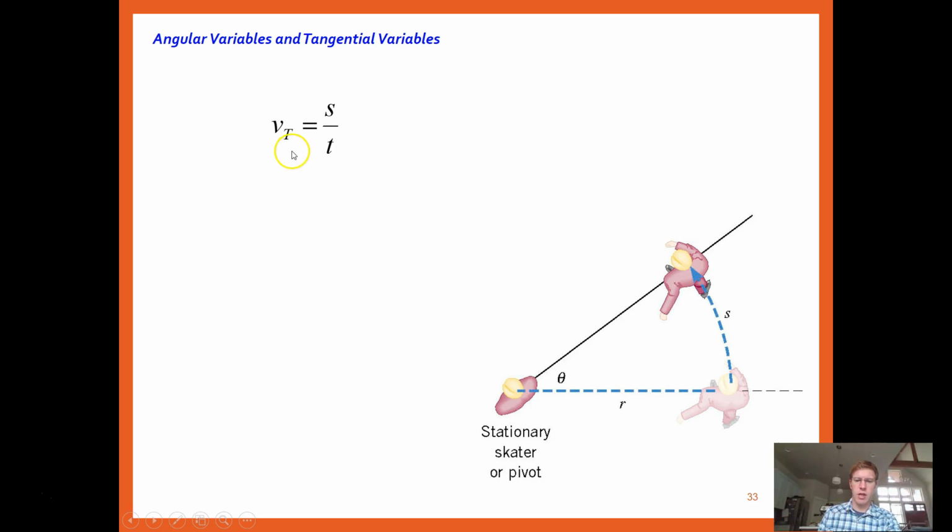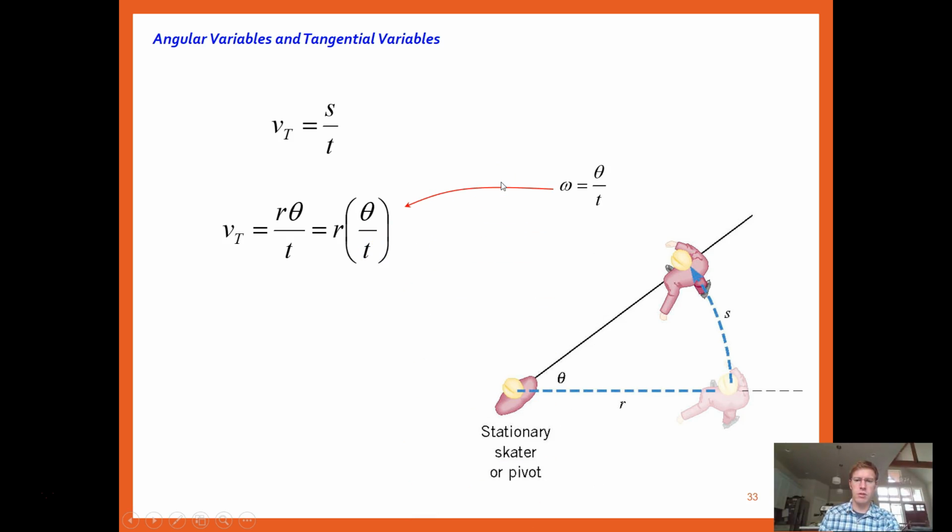Tangential velocity, let's assume for now we're just dealing with constant motion, is just going to be the arc length distance, s, over time. And if you remember, s, arc length, is equal to theta times the radius, as long as you're in radians. So you can redefine tangential velocity as r times theta over t.